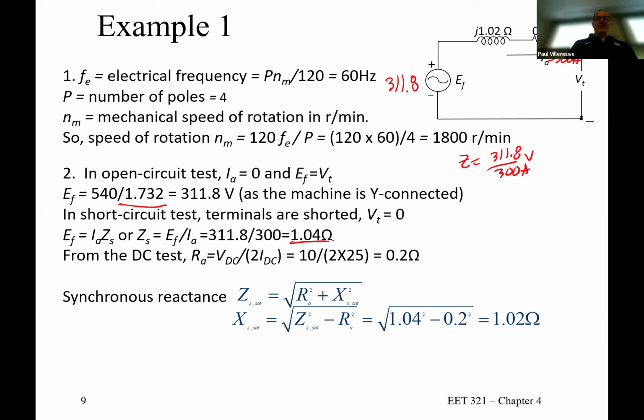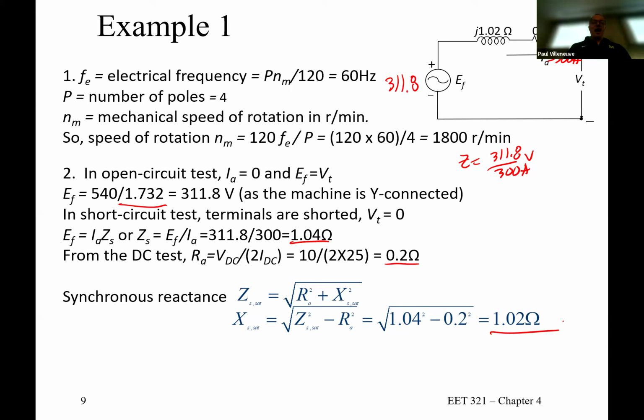For the DC tests, we take our 10 divided by 25 and divide that by 2, and we end up with 0.2 ohms. To get the exact value, our XS value is going to be equal to the square root of the Z that we just calculated, 1.04 squared, subtracting my RA, 0.2 squared, and I end up with 1.02 ohms for my X value.